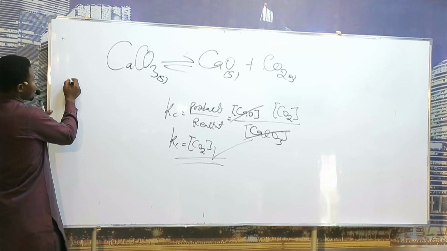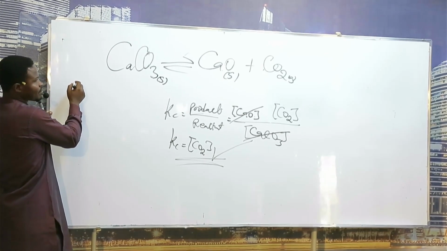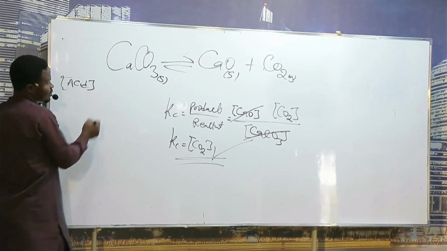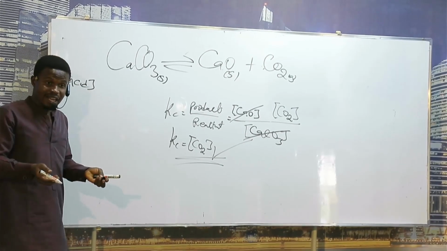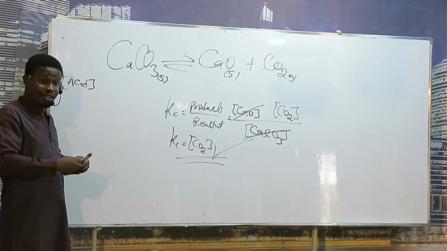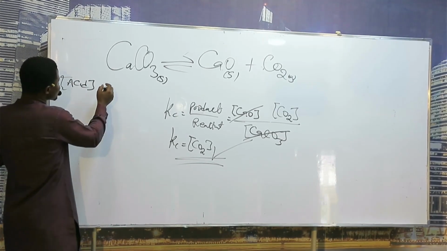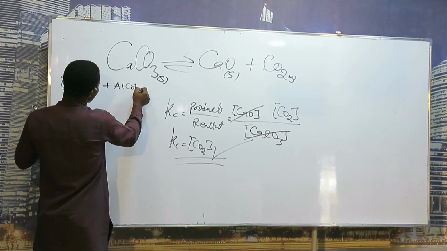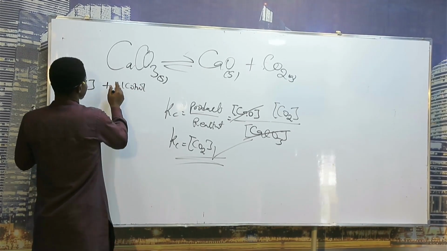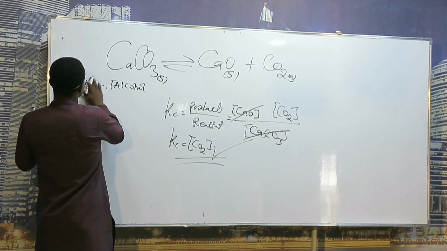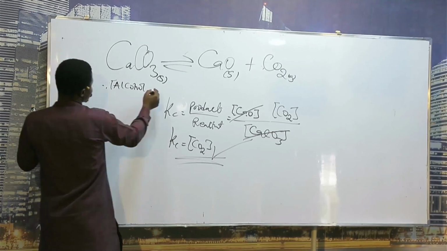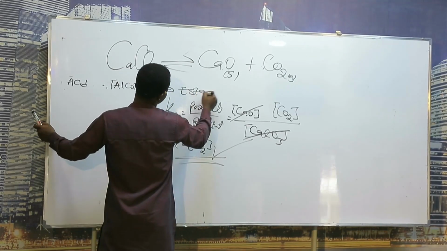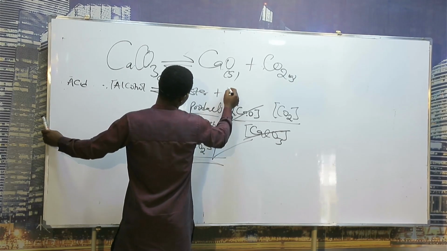Here, an acid, which is an organic acid, can be ethanoic acid, will react with alcohol to give us ester and water.